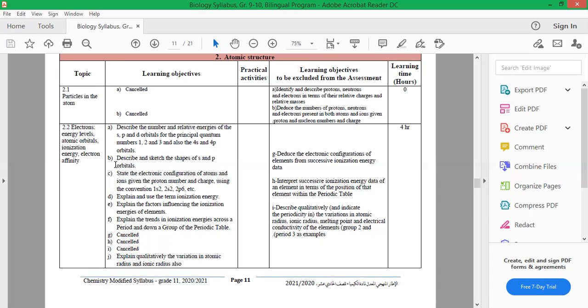Px on the x-axis, Py on the y-axis, and Pz on the z-axis. This one is y, and this one is the x-axis. So we have three orientations. You can see page number 31.